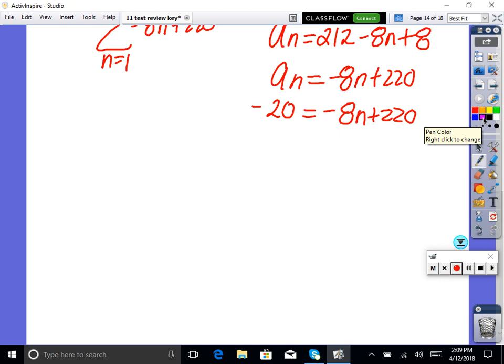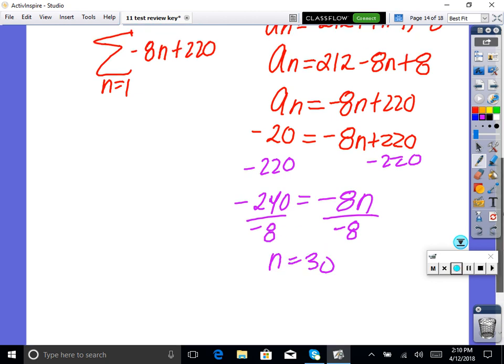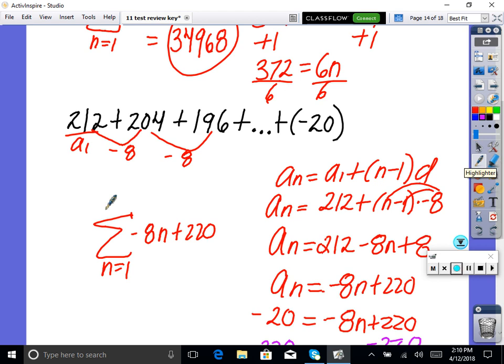So I'm going to subtract 220, subtract 220. We have -240 is equal to -8n, divide by -8. So n is equal to 30. So we're summing up 1 through 30 terms, and our sum comes out to be, we would type it into our calculator, 2880.